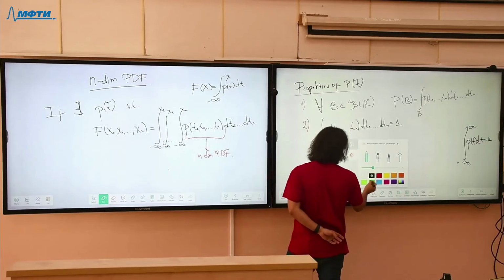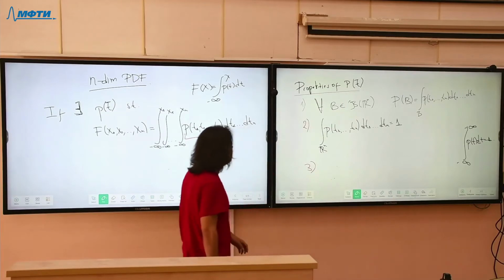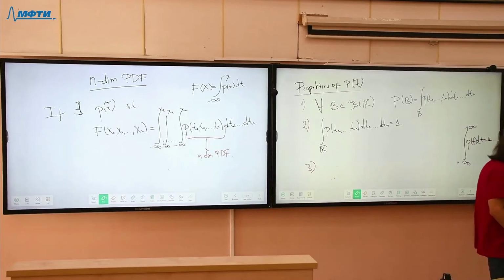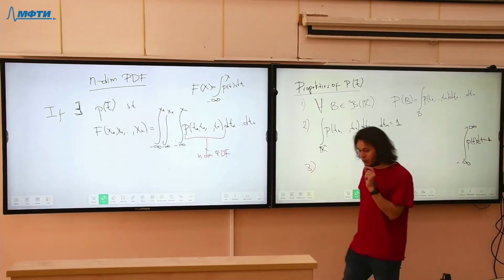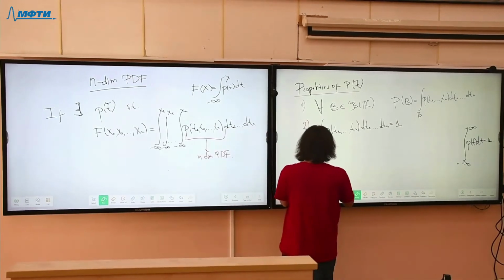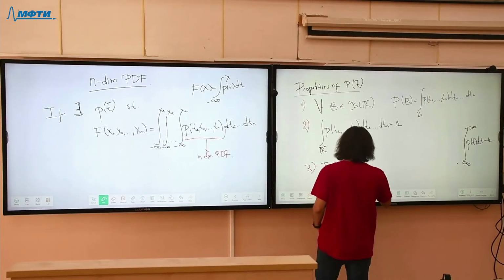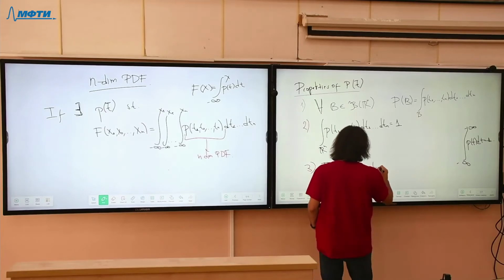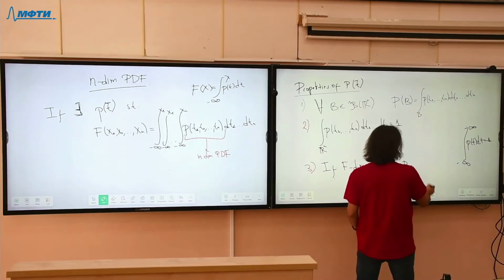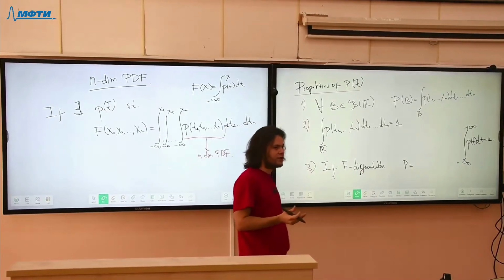And finally, the third property is that we can find the density if we know the CDF, but only if the CDF is differentiable. So if F is differentiable, then the density is, well, before we had just the derivative, but in this case we have a function of n arguments.